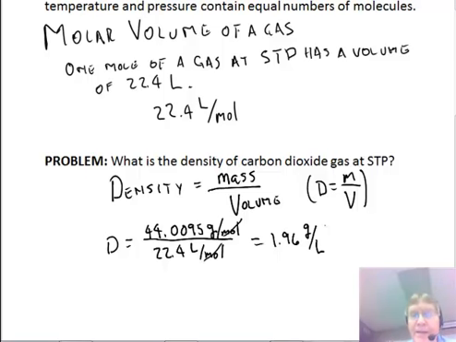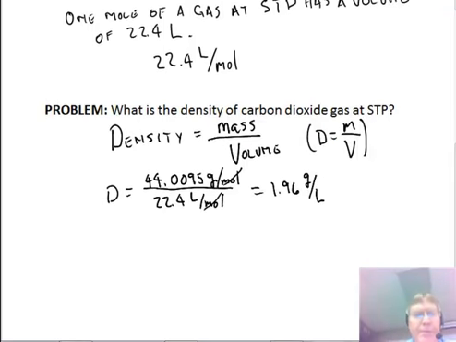Now, again, this is at STP. If you have other conditions present, that number would change. But that is the density of carbon dioxide. So we can calculate the density of any gas at STP, or we can do it under other conditions also. It just involves a little bit more calculating, as we'll learn later on.